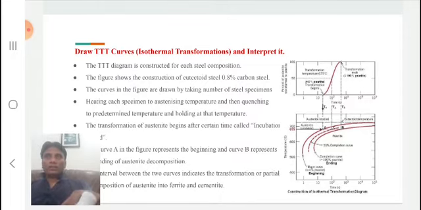We can see the curve for one cooling rate on the top diagram, just like an S curve. This S curve shows the starting of the transformation, and the end is the ending of the transformation.